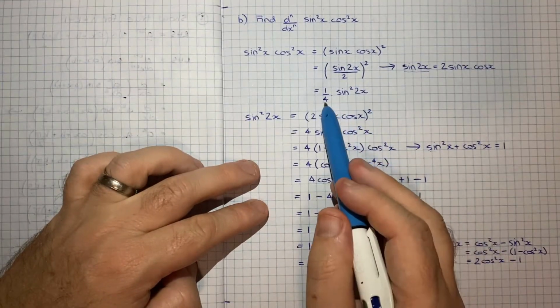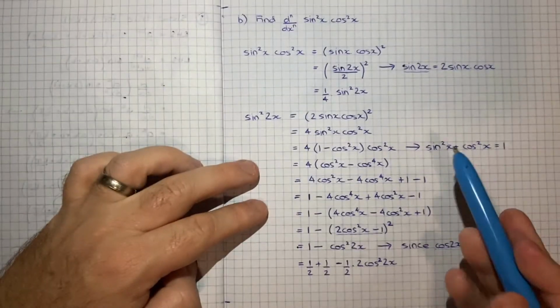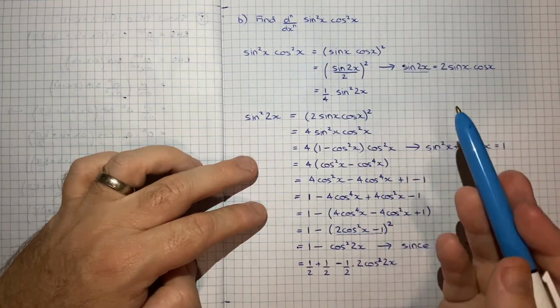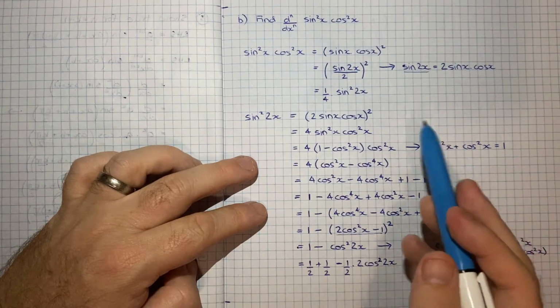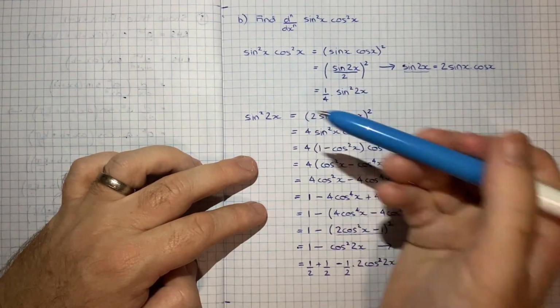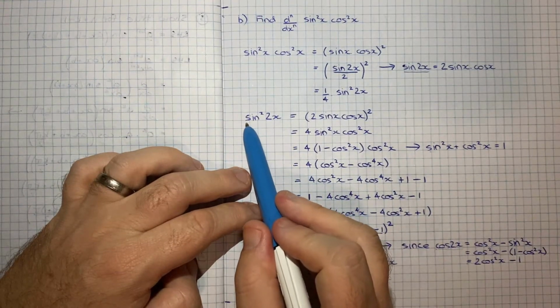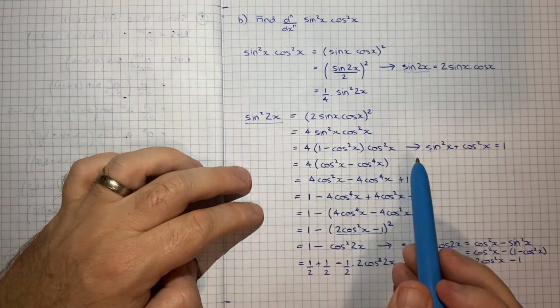I went down one where I tried to use the chain rule and it didn't really work for me. But perhaps instead of having part A and then just part B, you could have had an intermediary part where you were asked to show some result for sine squared 2x.